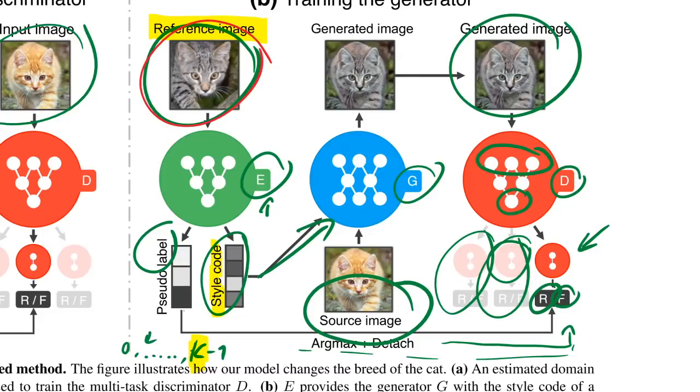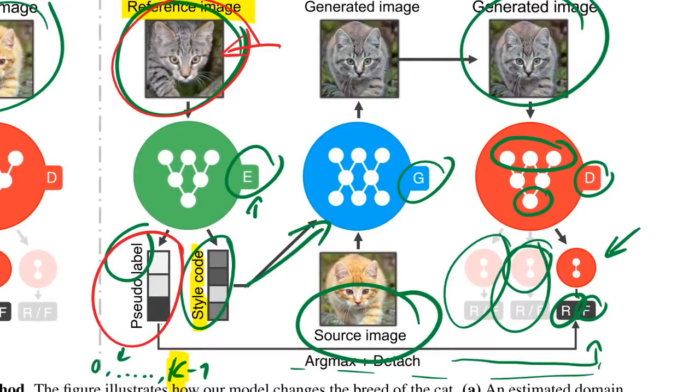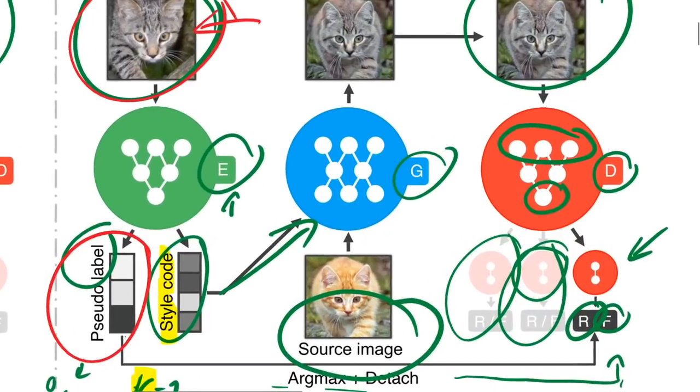So the style, the way we're going to train this is that the style is going to describe somehow all the images that are from this label. The style is going to describe whatever the style is. It's very hard to explain. If we look at the loss, it becomes clearer why the things are how they are.